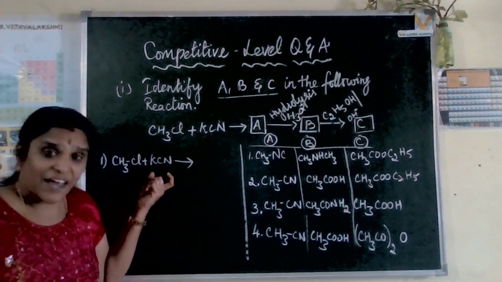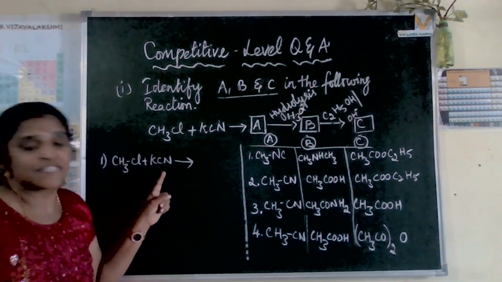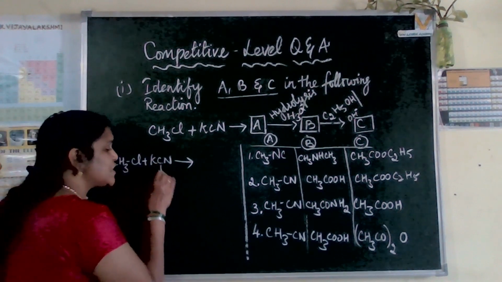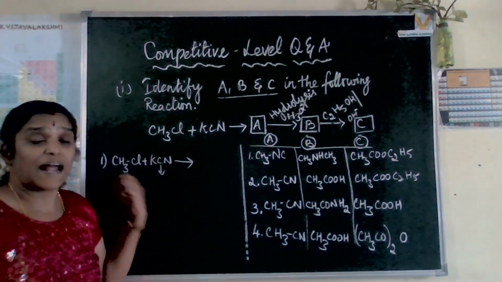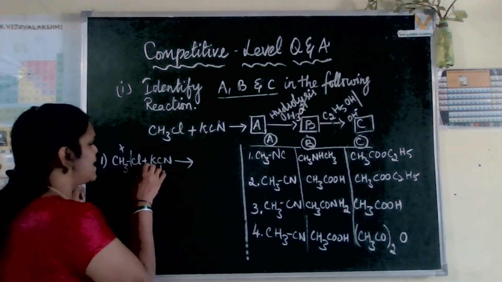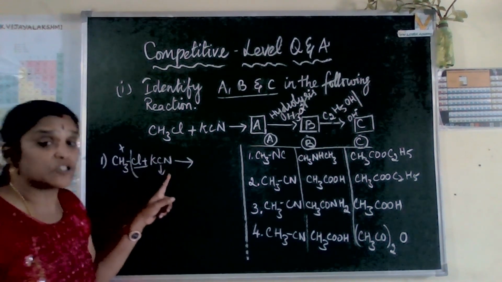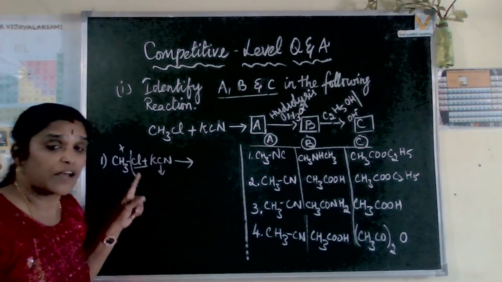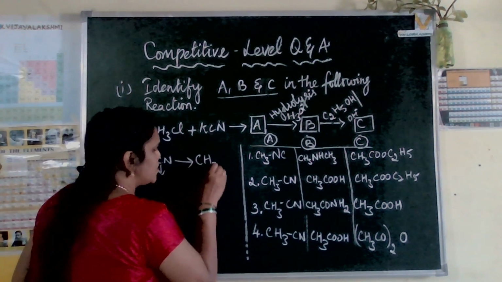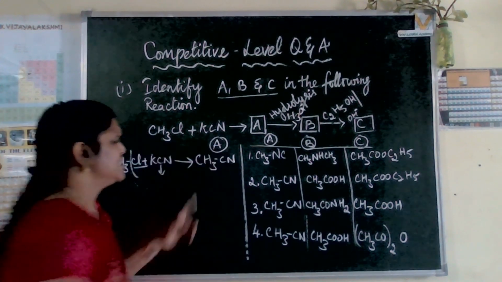Potassium cyanide is ionic in nature and ionizes very fast, so carbon acts as a nucleophile and attacks the methyl group. You get KCl, and the carbon attaches to the methyl group. So you will get CH3CN.